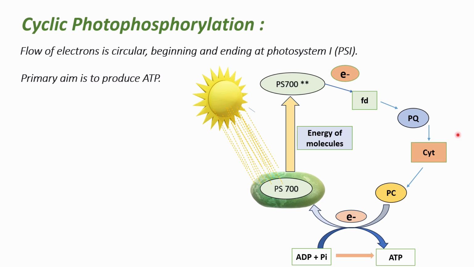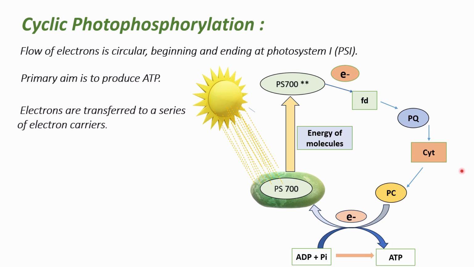It happens only in the PS1 molecules. You have to observe this, because we are not discussing PS2 here, we are only discussing PS1. Normally cyclic photophosphorylation occurs only in photosystem 1, and the electrons flow in a cyclic way for the formation of ATP molecules. The primary aim of cyclic photophosphorylation is to produce ATP molecules.